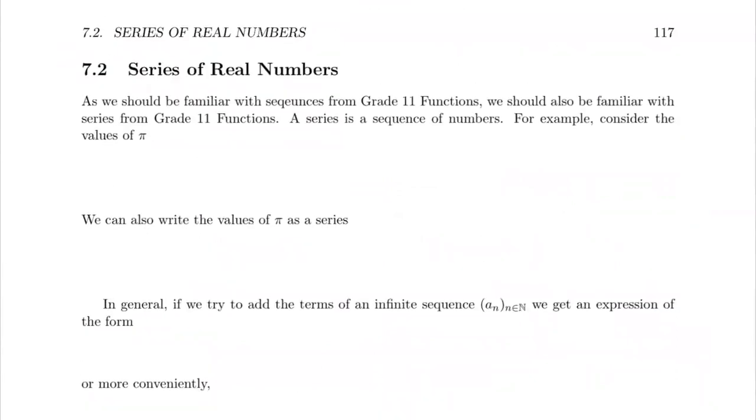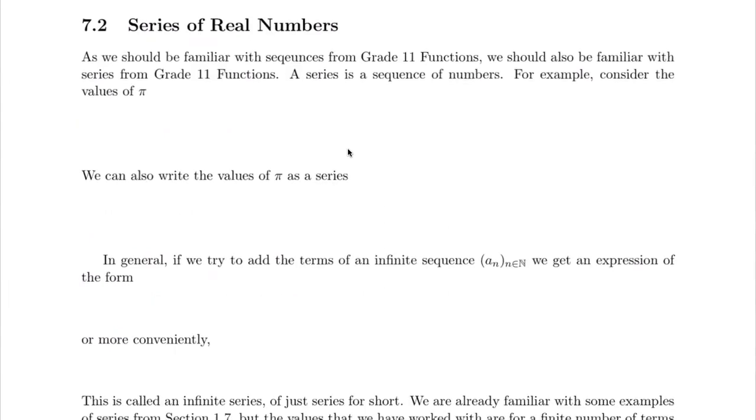This time we're going to be talking about the series of real numbers. We should be a little bit familiar from grade 11 that we looked at sums of arithmetic series and geometric series. For example, let's take the value of pi. We know that pi as a decimal expansion is given by 3.1415926 and so on.